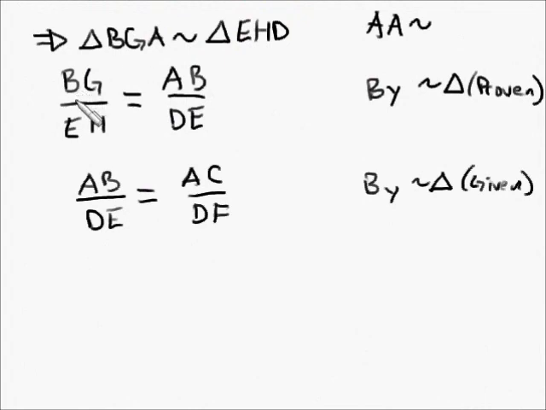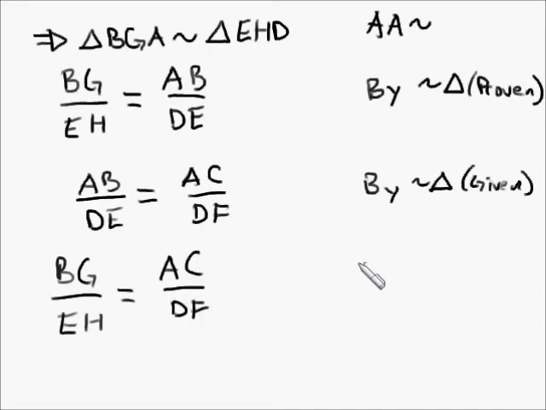A is equal to B, B is equal to C, that means that A is equal to C as well. The ratio between BG and EH is equal to the ratio between AC and DF. Transitive. One of the best properties. And then we're done.